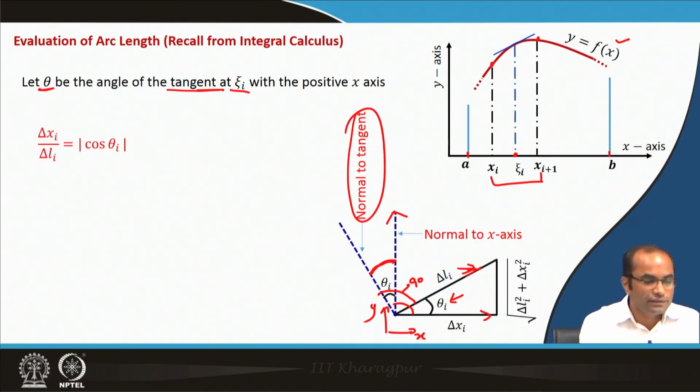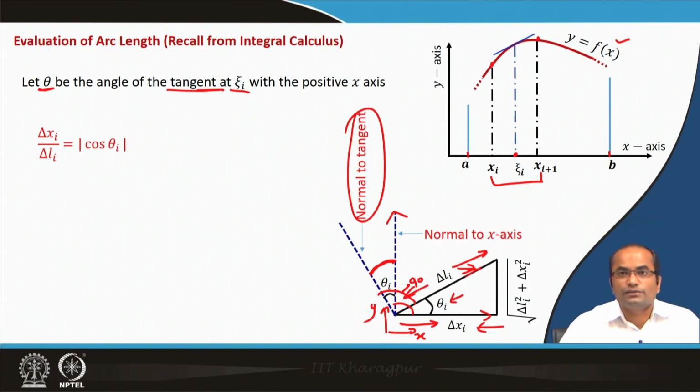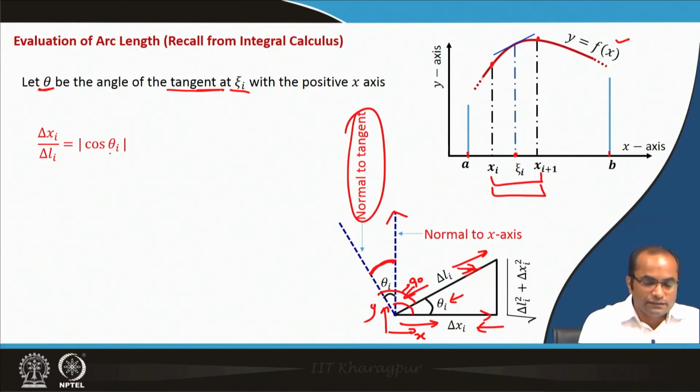Then consider the relation delta x i over delta L i. This distance is delta L i along the tangent at that point, and delta x i is the increment in the x axis, covering this portion of the arc. This base delta x i divided by delta L i is equal to cos theta, which is obvious from the figure.